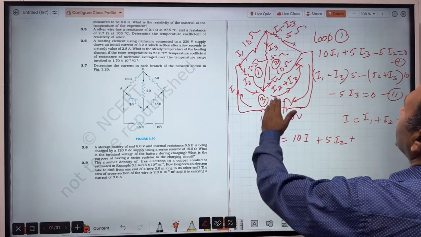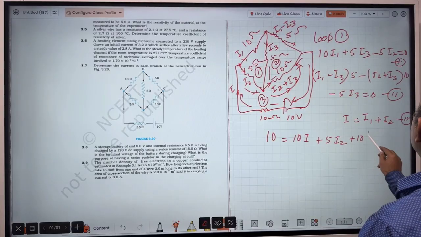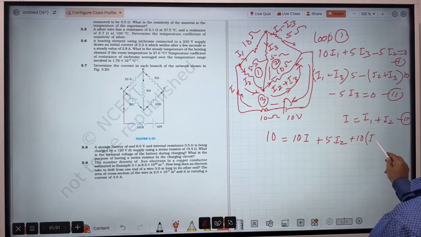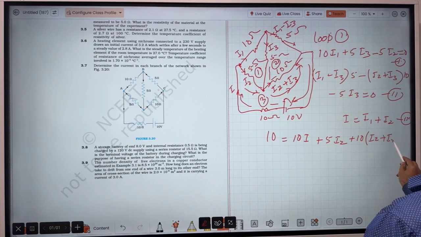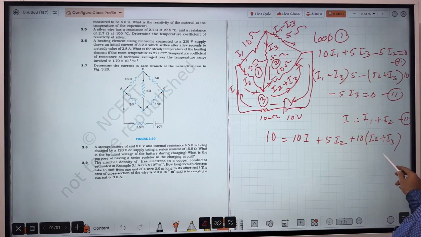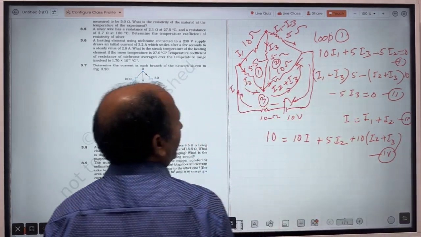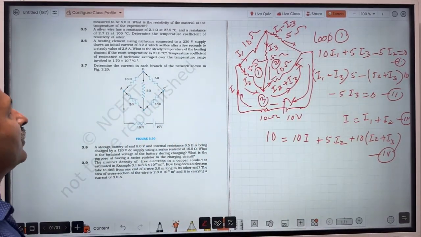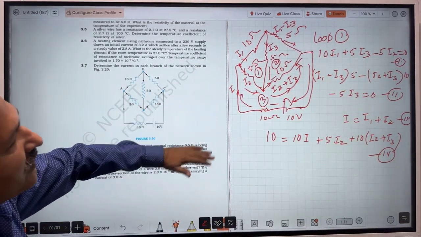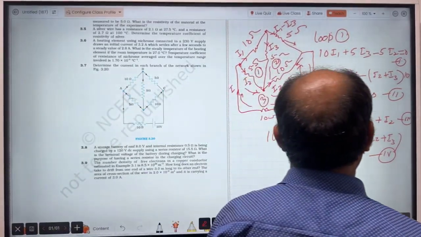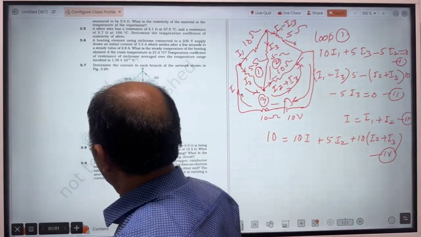So we are moving in the direction of current, so 10 times I2 plus I3. We simplify, and this is equation number 4. Now we have 4 equations, 3 variables, so we can easily solve. So I think you have understood the circuit analysis, and rest is your work, you can do.